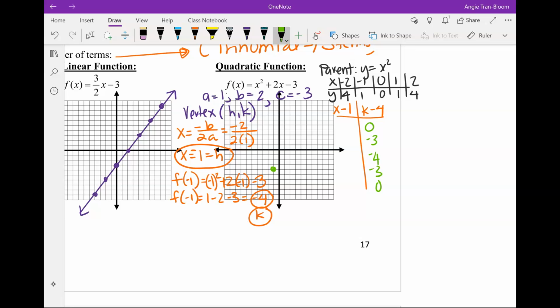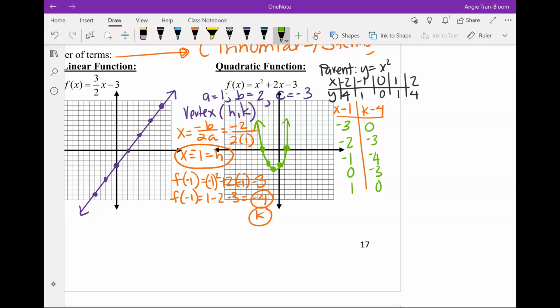What are the new inputs? -3, -2, -1. Perfect. All right, plot those. So -3 is 0. -2 is now -3. Okay, there we have it. That's one way, by the way, to graph. You don't have to graph it that way. If it doesn't ask, you can graph it however you like.